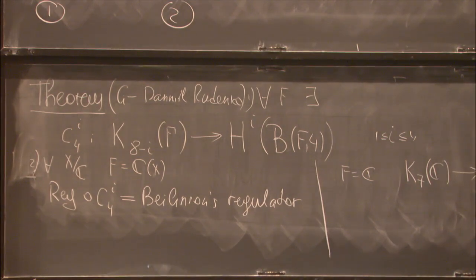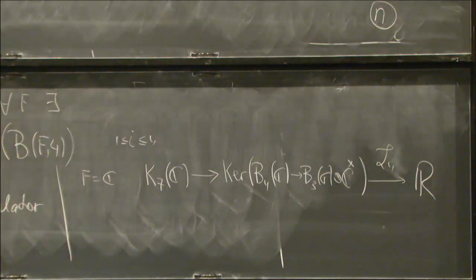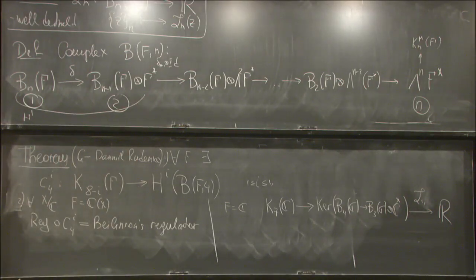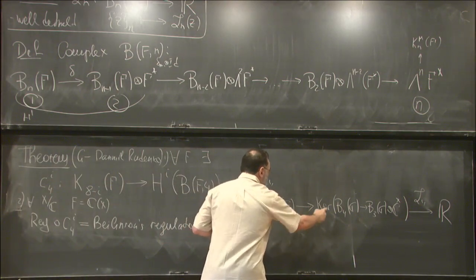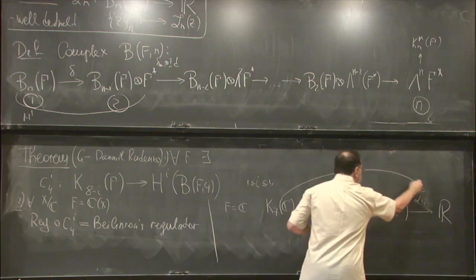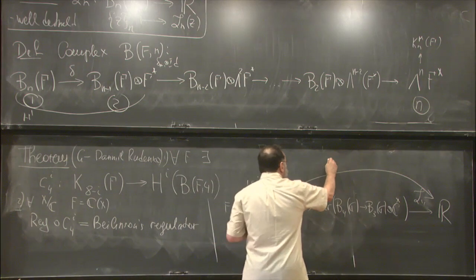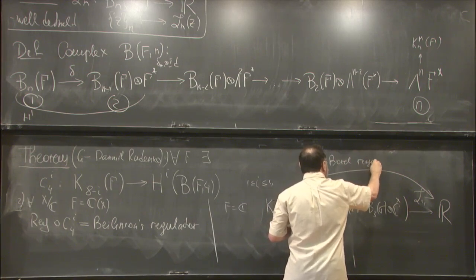And this is by the full logarithm map to R. So you see you have complexes still on the blackboard. If you want to take H1, then you're really talking about the kernel of this map. And so I'm saying that in weight 4, when n equals 4, for C, the K7 by general result maps to the kernel of this map, then you can map it to real numbers. And so you end up from K7 of C to real numbers. And the theorem also says that this is a Borel regulator.